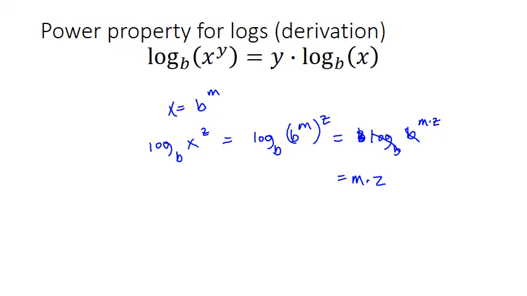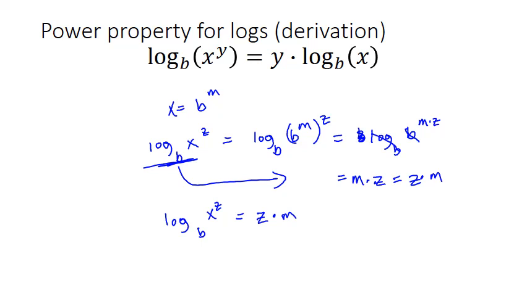So we know that from what we have here, that this has to equal m times z. So log base b of x to the z is equal to, and remember, m times z is the same as z times m. So it's equal to z times m.